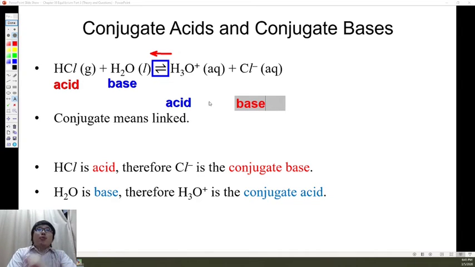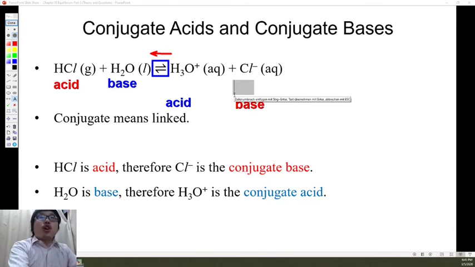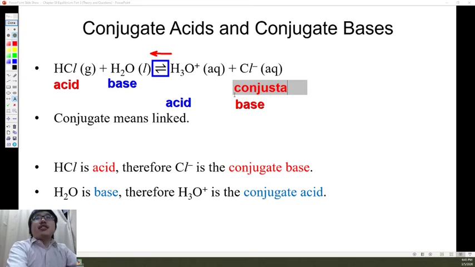Now, what does conjugate mean? When HCl donates a proton to become Cl minus, and Cl minus goes backwards, it forms HCl. Because of that, we say that these two are linked. So Cl minus is the conjugate base of HCl.